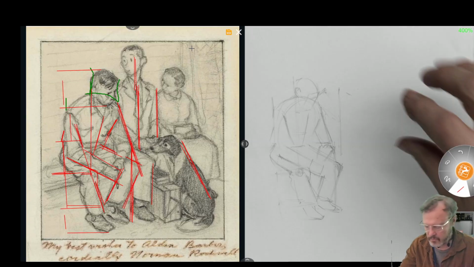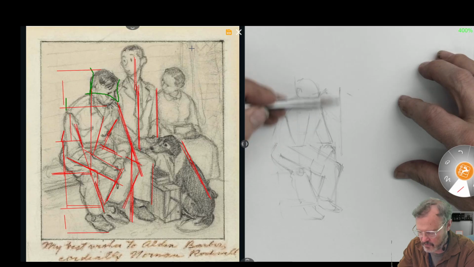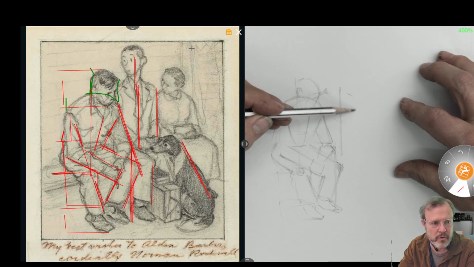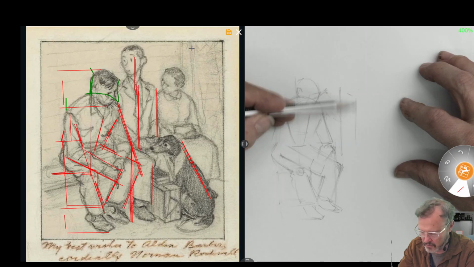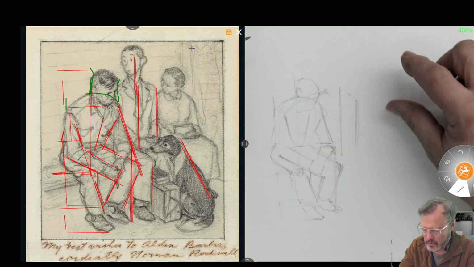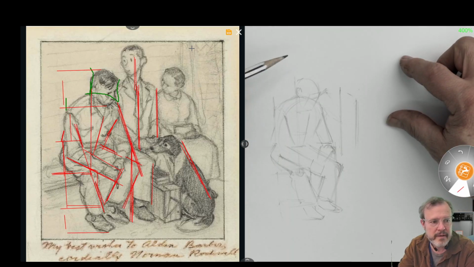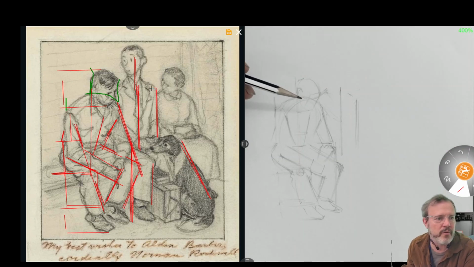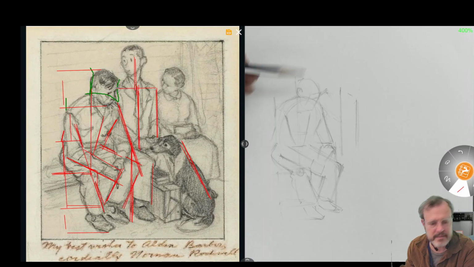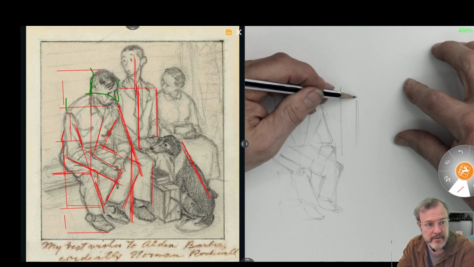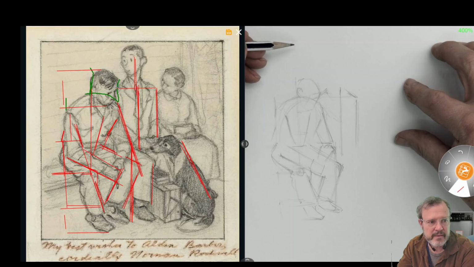So I threw in this vertical to represent sort of the line of his sternum and thigh, this main vertical. There's another vertical here representing the outside of his arm. And his shoulder turns around the level of the man's eyebrows. So we can carry that across, and we end up like that.